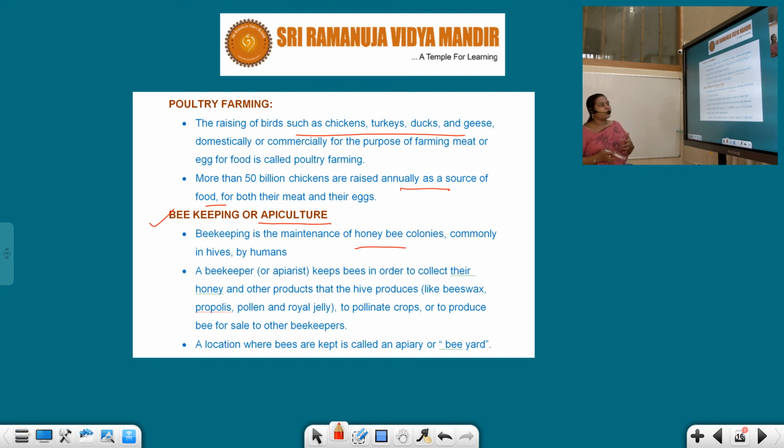A beekeeper keeps bees in order to collect their honey and other products that the hive produces, to pollinate crops, or to produce bees on a large scale for other beekeepers. A location where bees are kept is called a bee yard.